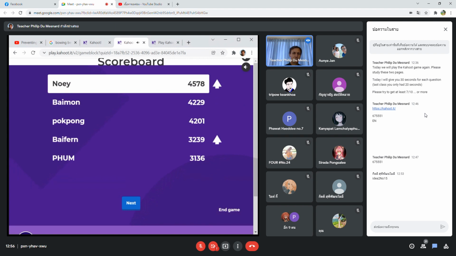Let's see what's happening. Noi goes to the top, and Bifern is moving up a little bit. Paimon and Pokpong stay at a good position.